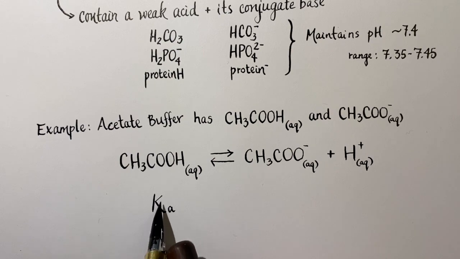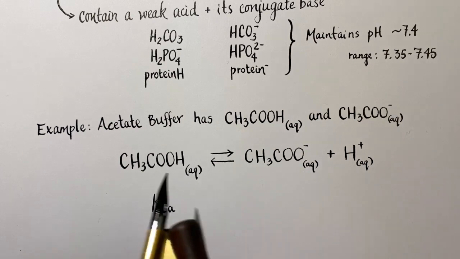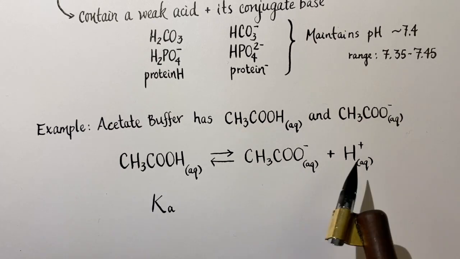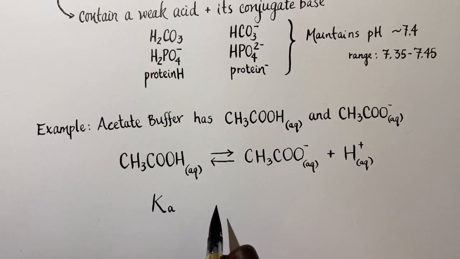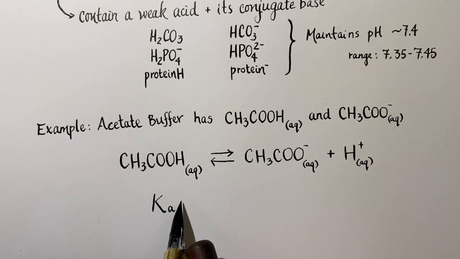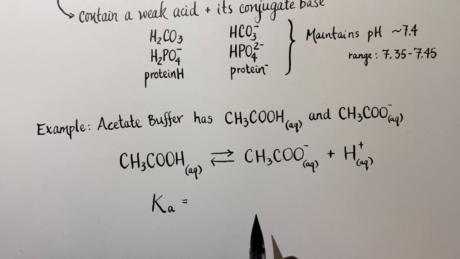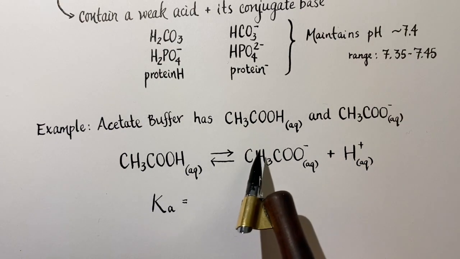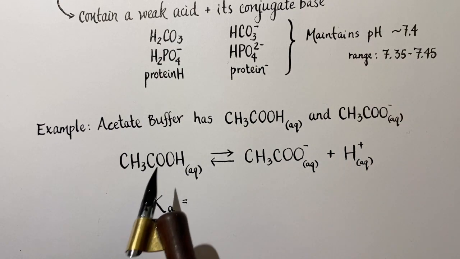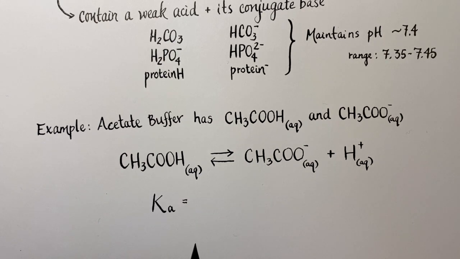The symbol for that is capital K, and the sub A is the convention used for acids breaking apart in this way. We start with the molecule and show how it is deprotonated. And equilibrium constants are written as products over reactants.